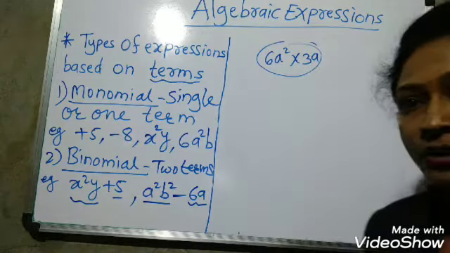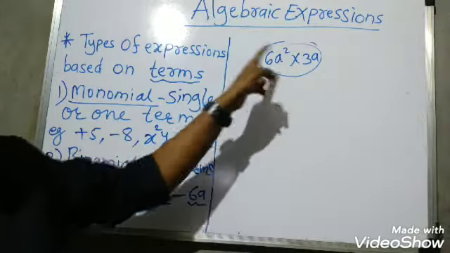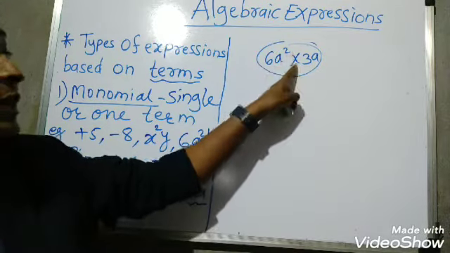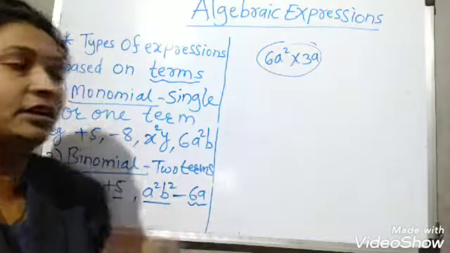So whenever a multiplication sign is there, that is a monomial only, because the multiplication sign does not separate two terms.